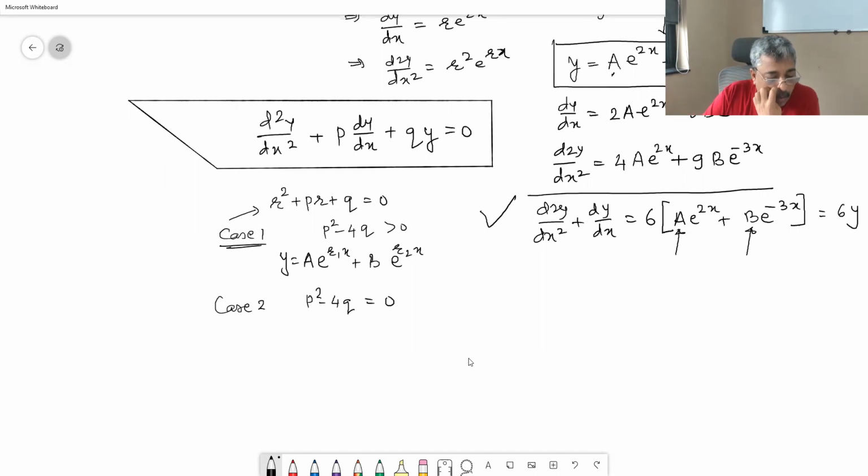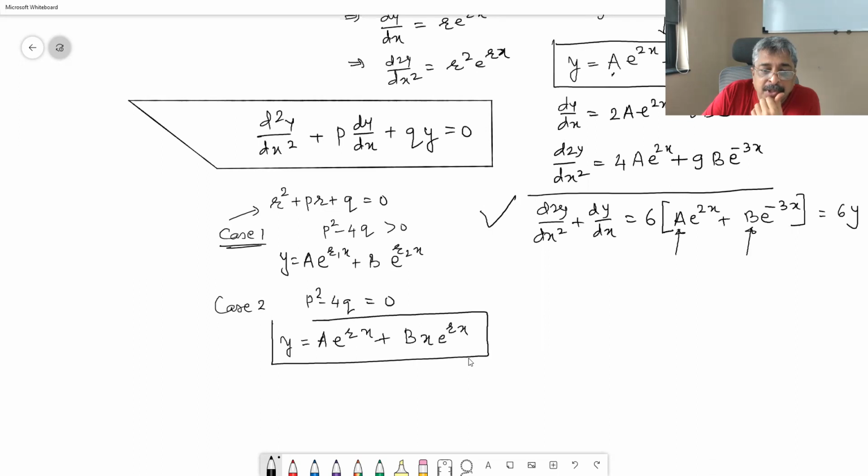Then what will we have? y is equal to a e raised to whatever r x plus b x e raised to rx.